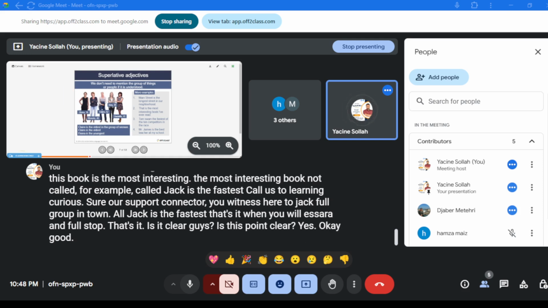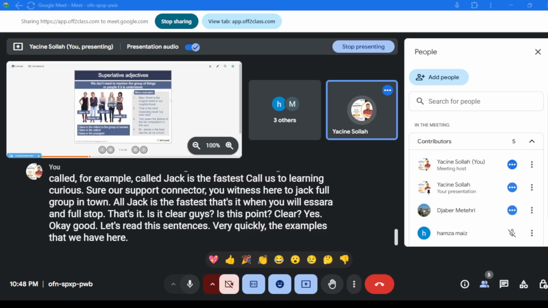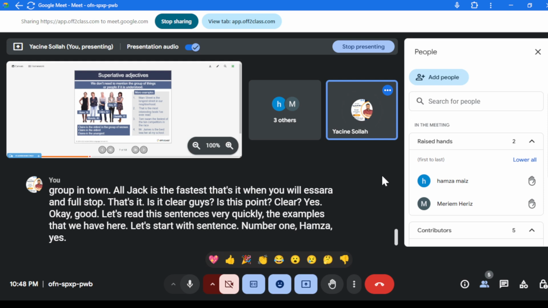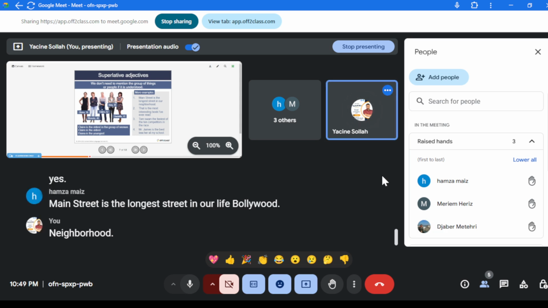Okay, good. Let's read these sentences very quickly, the examples that we have here. Let's start with sentence number 1. Hamza, yes? Main Street is the longest street in our neighborhood. Neighborhood. Good. Next one. Number 2, Jabal.